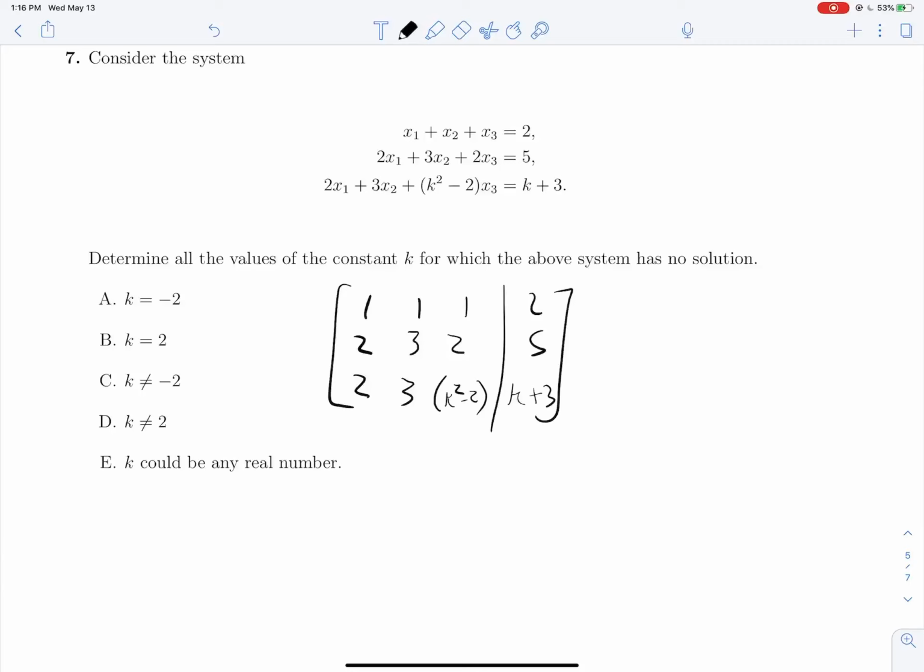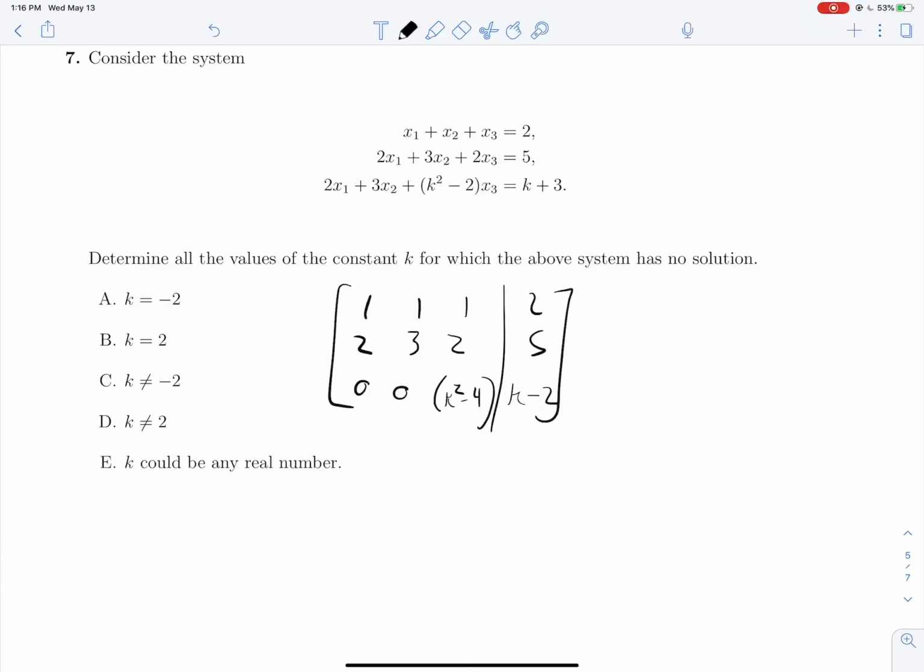Actually, we'll do one step first. Let's take row 2 and subtract it from row 3. That gives us a 0 here, a 0 here, a k squared minus 4 there, and a k minus 2 there. So if k squared minus 4 is equal to 0, but k minus 2 is not, then our system will have no solution.